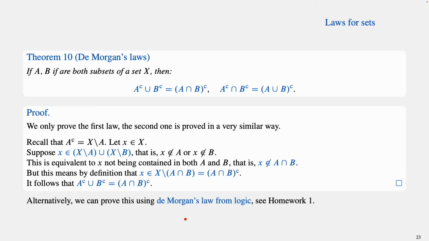An alternative proof would use De Morgan's laws from logic, which you discovered in homework 1. You could try to do it using these laws. It's maybe a bit clearer then.